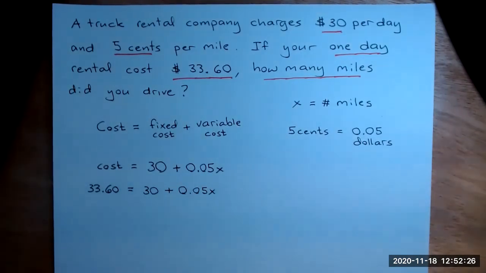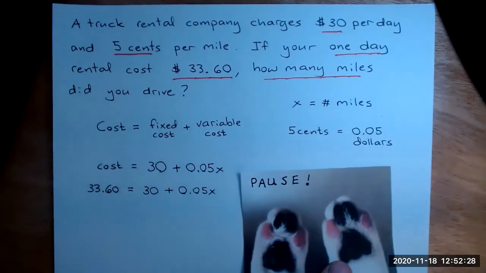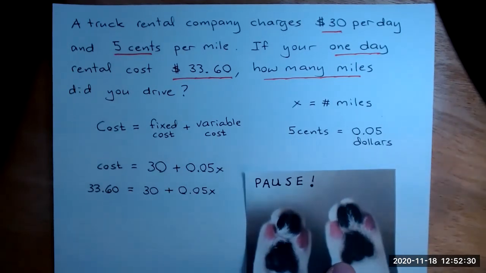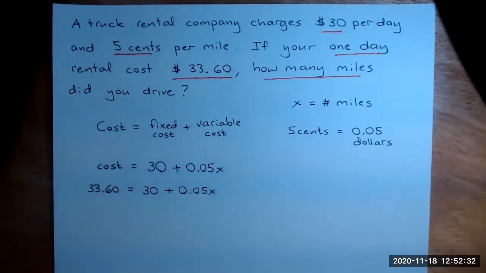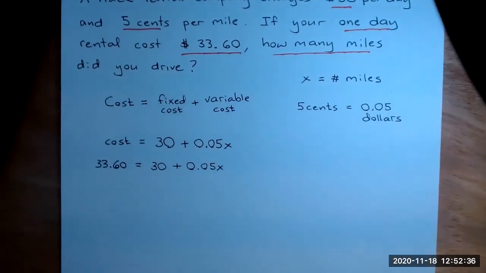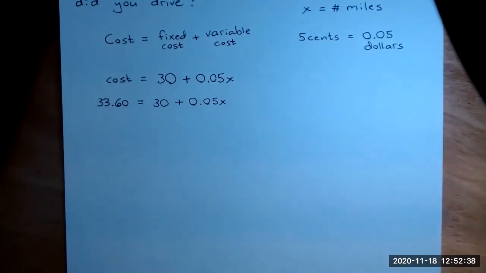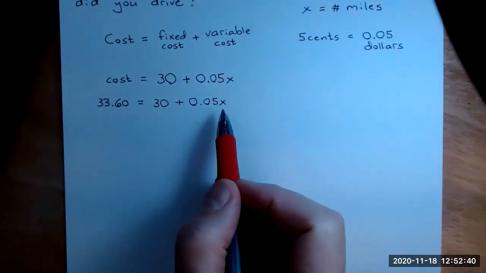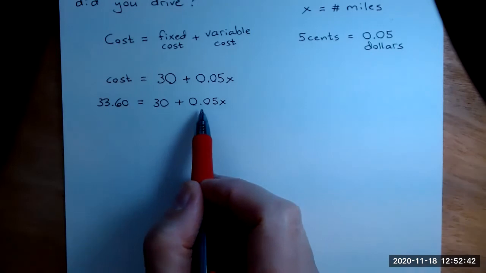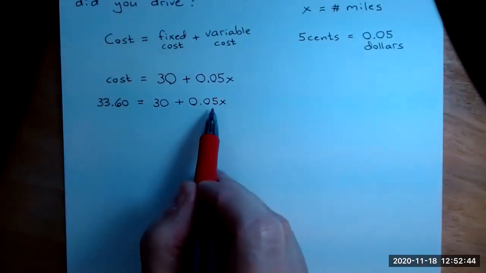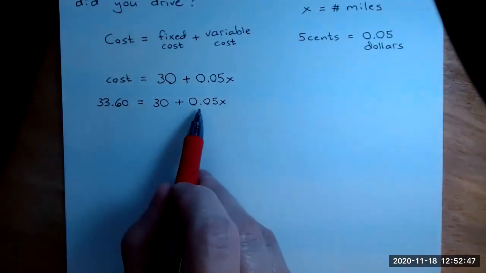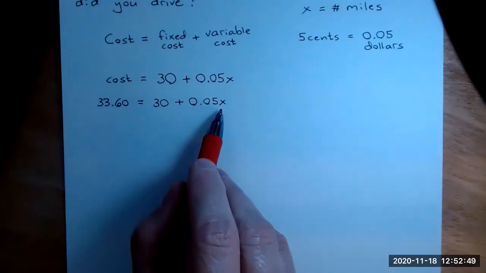And again, if you want to try solving this on your own, I would hit the pause button. All right, let's check your answer. So we have x on one side. So we want to isolate x because this is a linear equation.